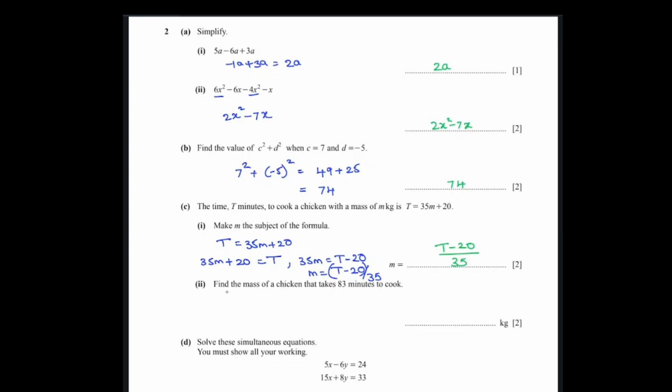Okay, question number 2 in C. Find the mass of the chicken that takes 83 minutes to cook. Now we need to find the mass, that means the m value.